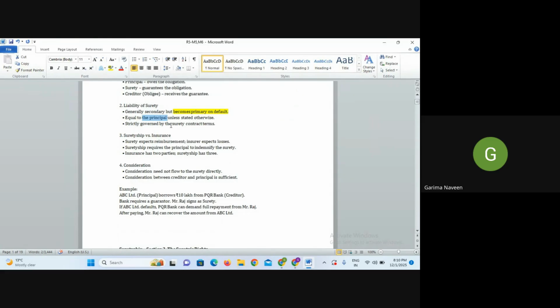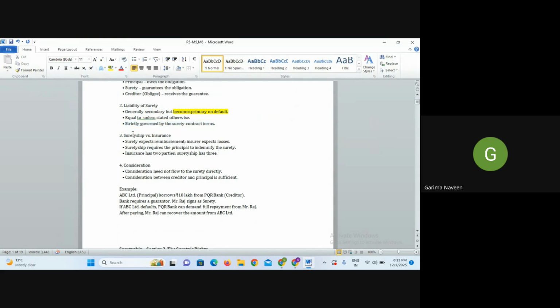But there are some arrangements in which the surety is equally liable, meaning he also has the primary liability to pay even if the principal doesn't default on the loan. It is strictly governed by the surety contract terms.